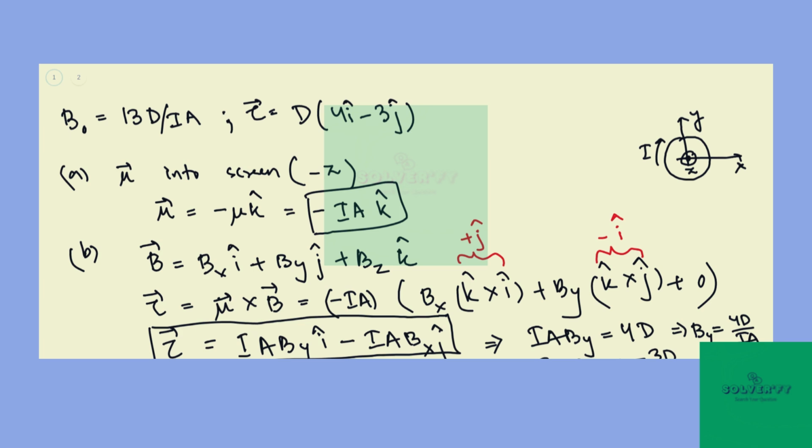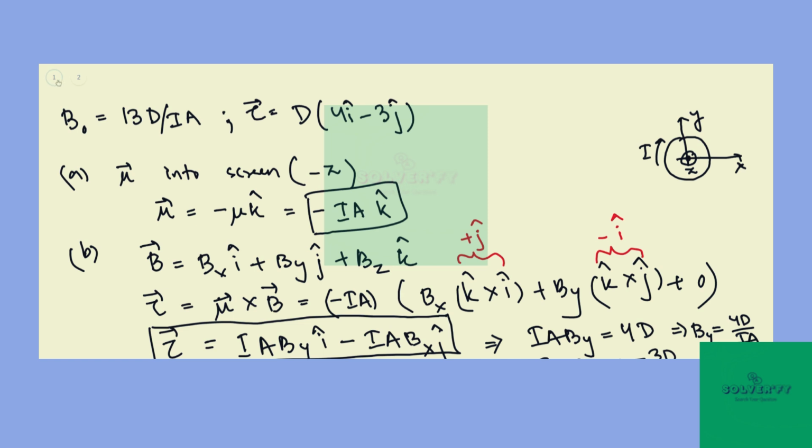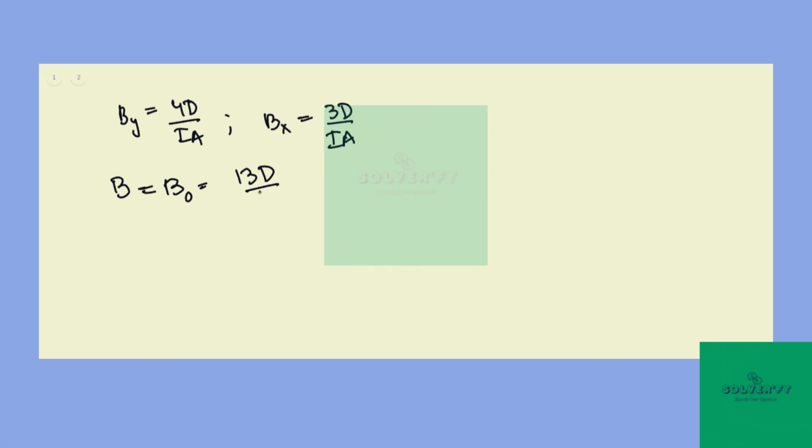But we know that the net magnetic field B naught is given to be this value, which is 13D over IA. And we also know that B, being the magnitude, should be equal to the square root of Bx square plus By square plus Bz square.